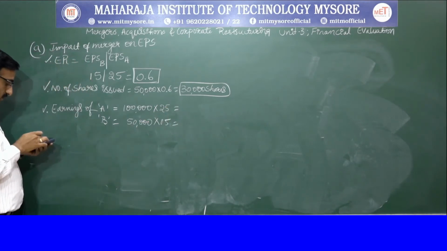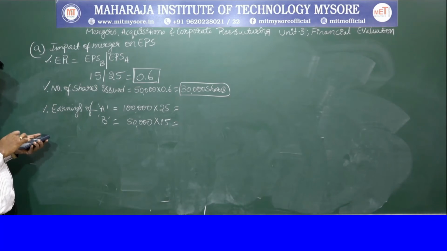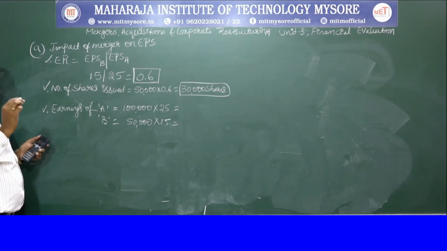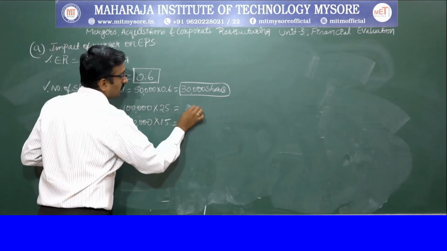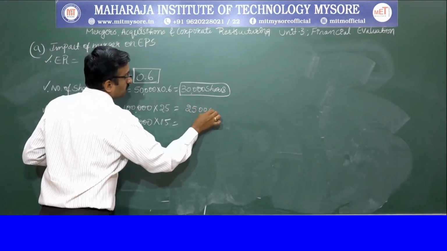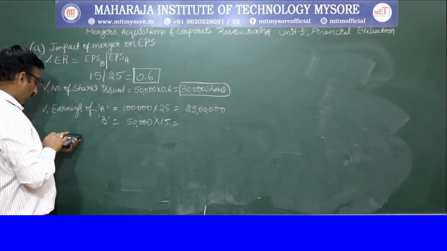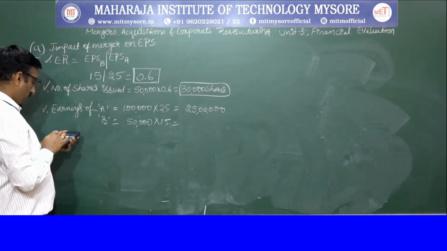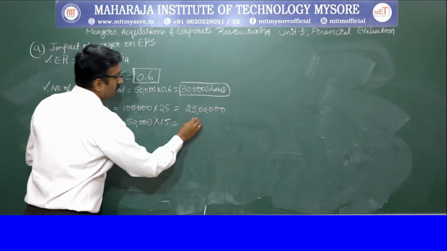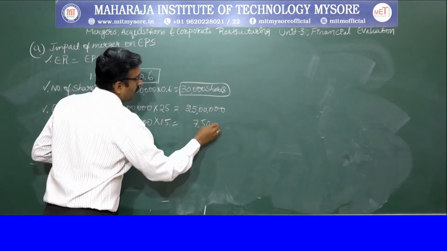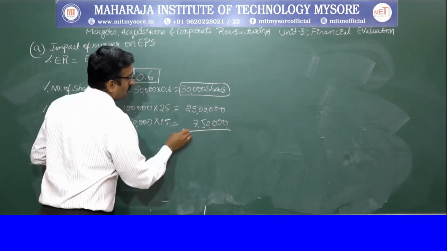So 1 lakh into 25, you will get 25 lakh. And 50,000 into 15, you will get 7,50,000.